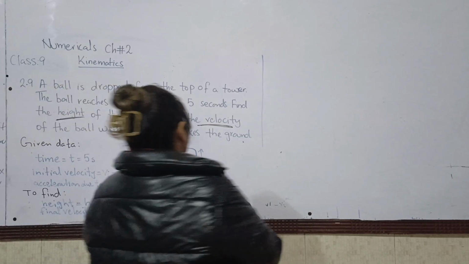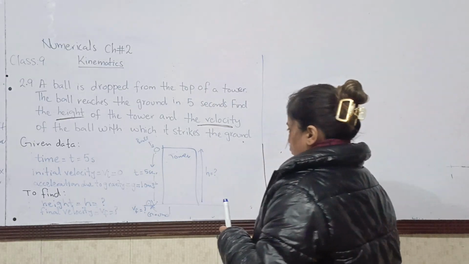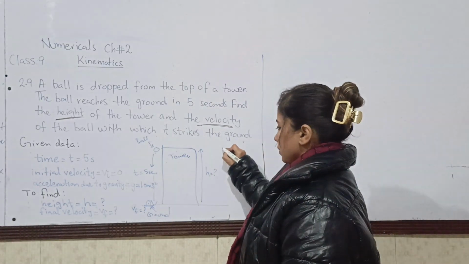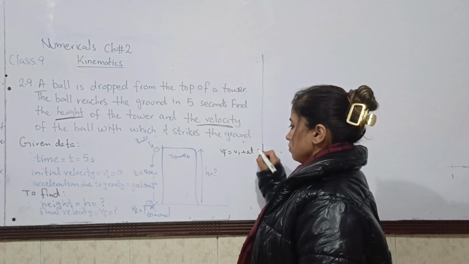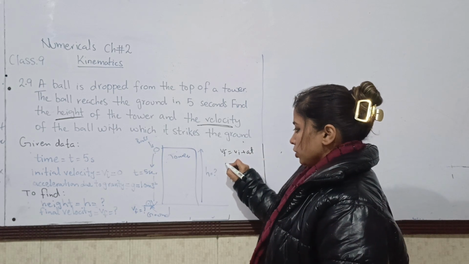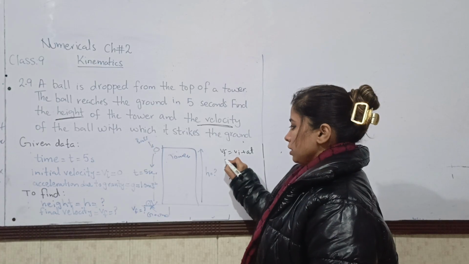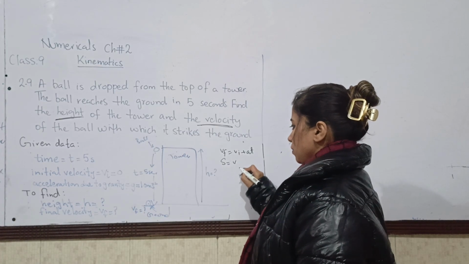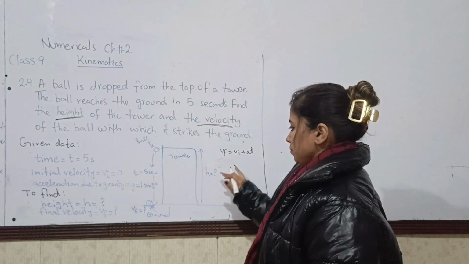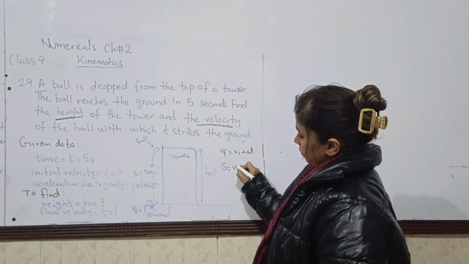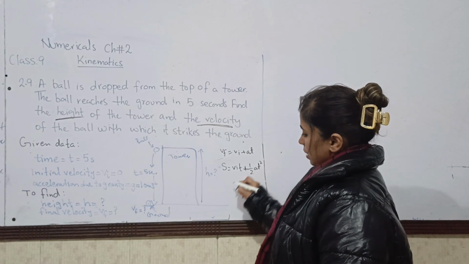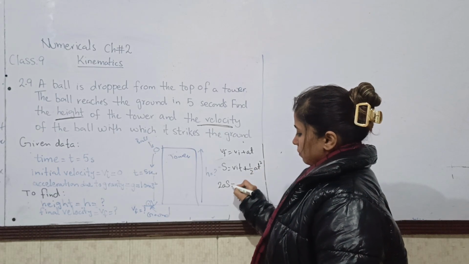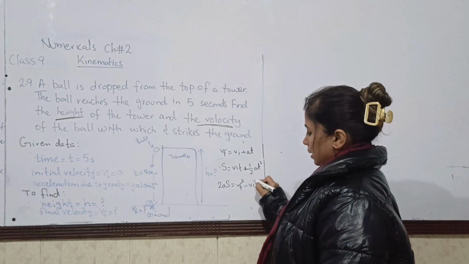Now we have three equations of motion. First is vf is equal to vi plus at. Second equation is s is equal to vit plus half at square, and third is 2as equals vf square minus vi square.